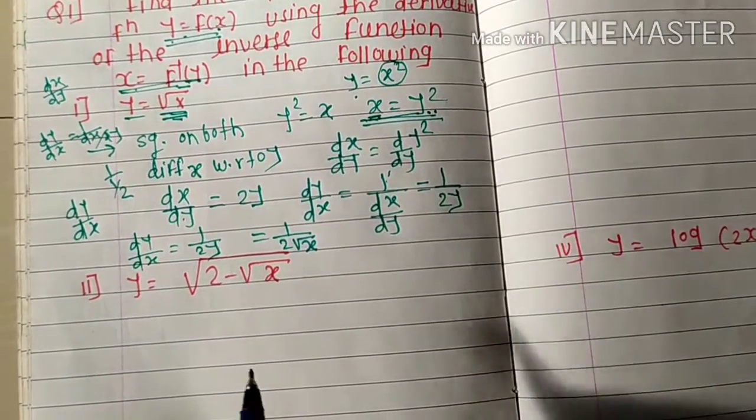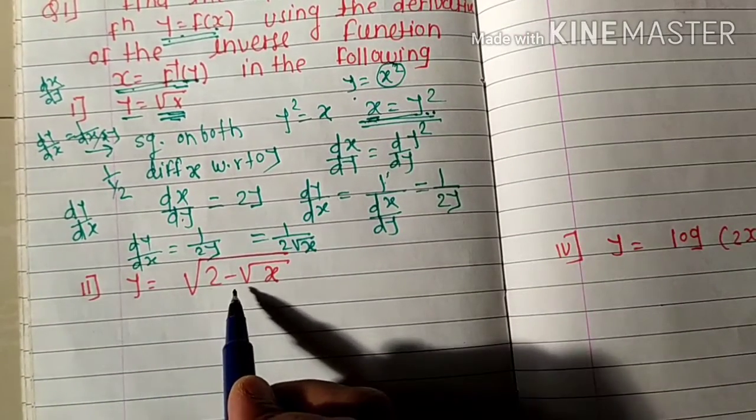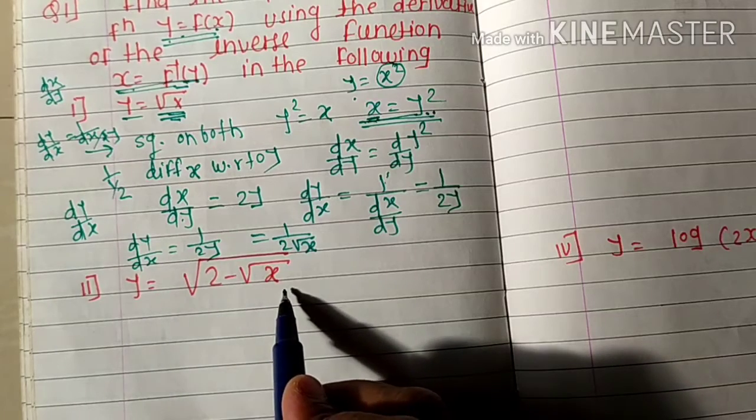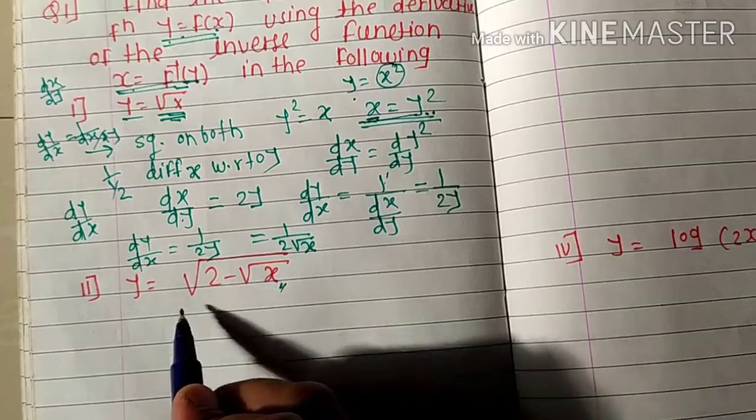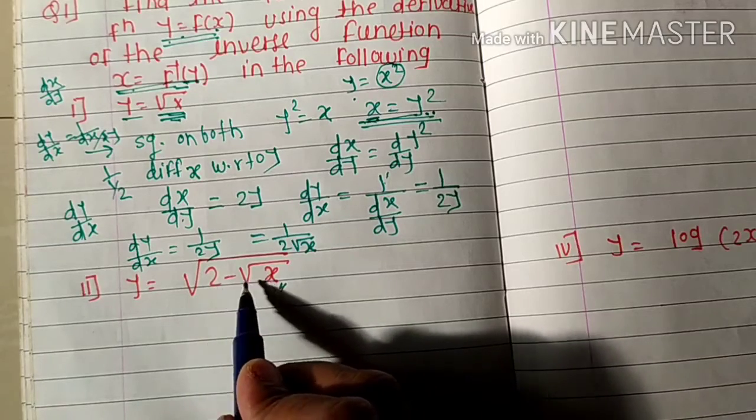Then in the second example, here also y is given, and we have to express x in terms of y. But to get x, we have to remove the square root signs.